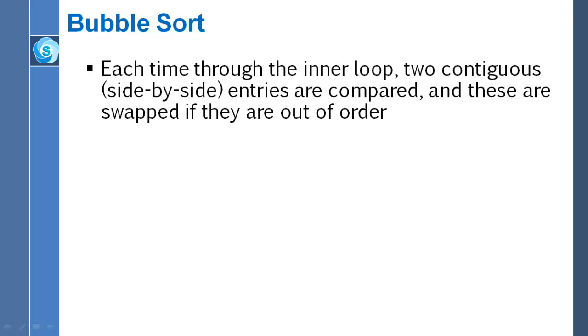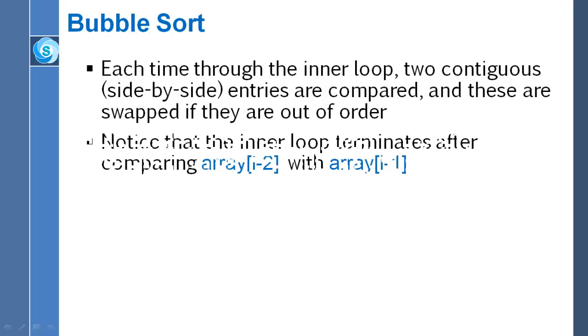As was indicated earlier, each pass through the inner loop will involve comparing two consecutive or contiguous, meaning side-by-side, entries in the array. And then if they're observed to be out of order, it'll swap those two entries to put them in order.